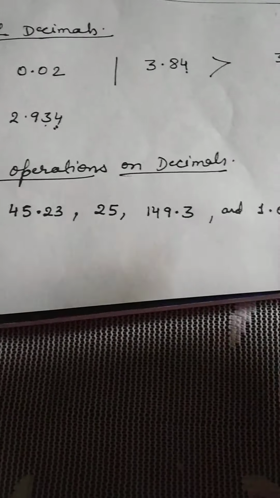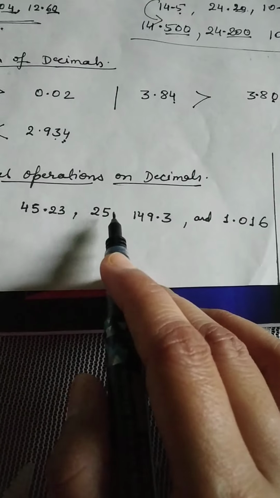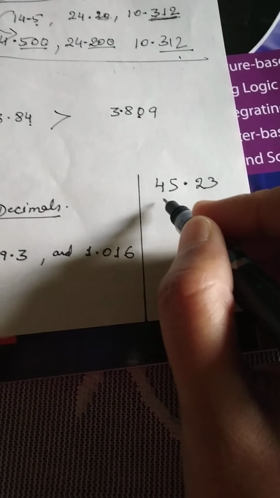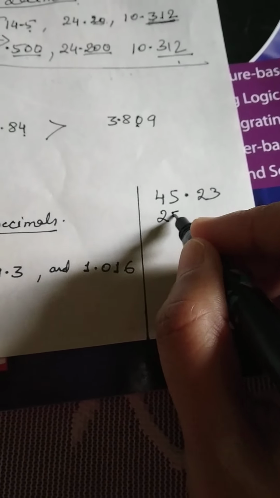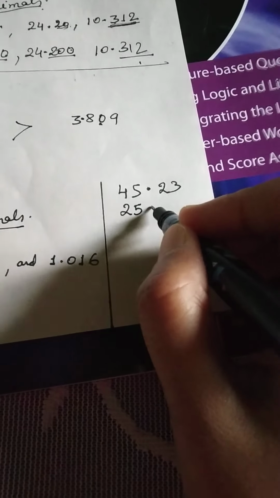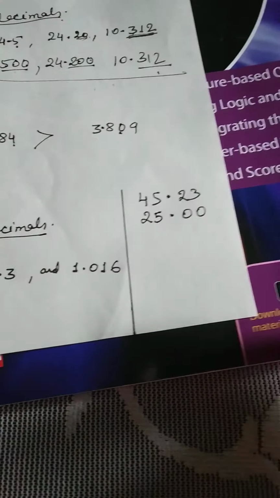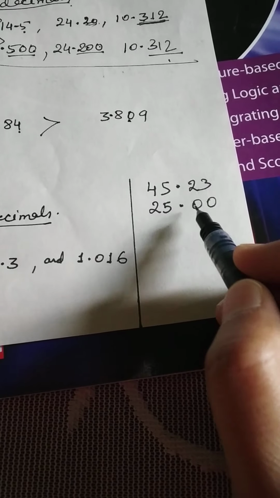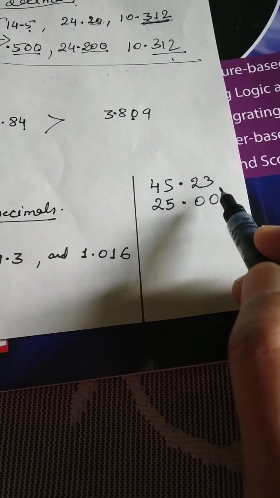So first of all, write these in a vertical column. 45.23. Next is 25. 25 is the whole part. There is no decimal part, so we will write it in the whole part. But there is no decimal, so you can put zeros in the decimal part. As I have told you, you have to make it into like decimals.